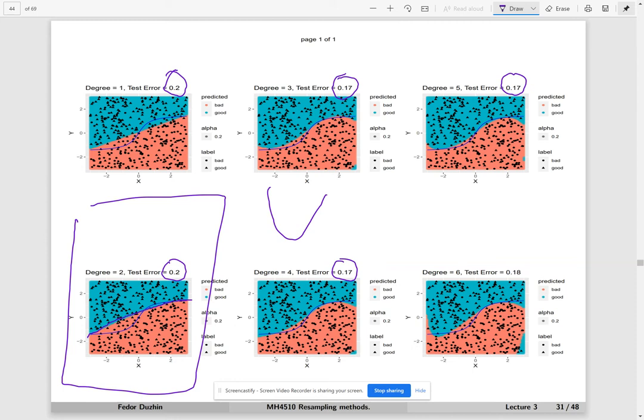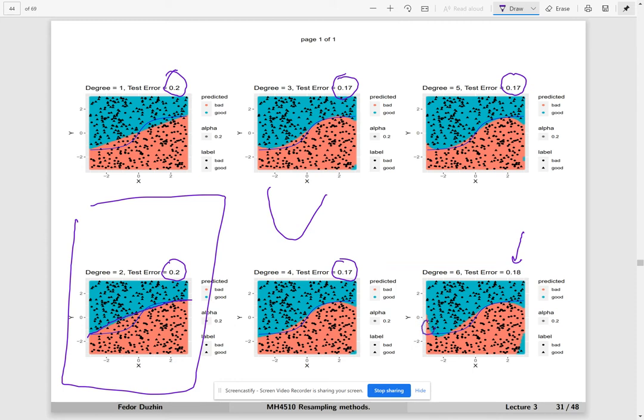So it becomes smaller. Now, when the degree is too high, 6, the error starts going up because the decision boundary of our model is just too wiggly, and it starts fitting random noise rather than the true data.